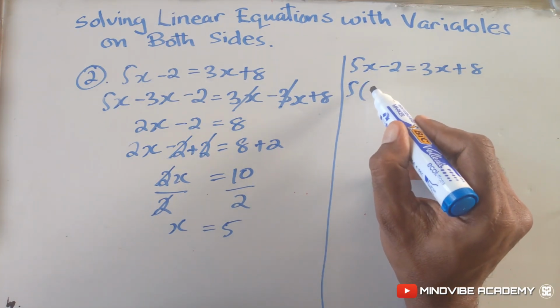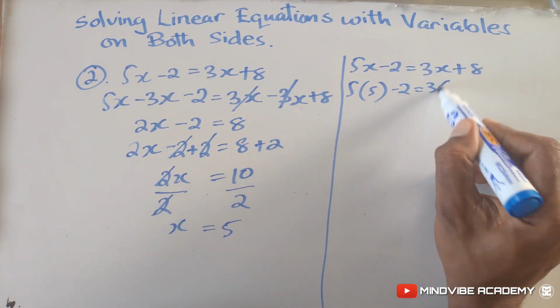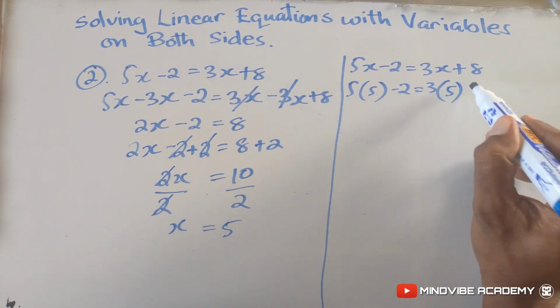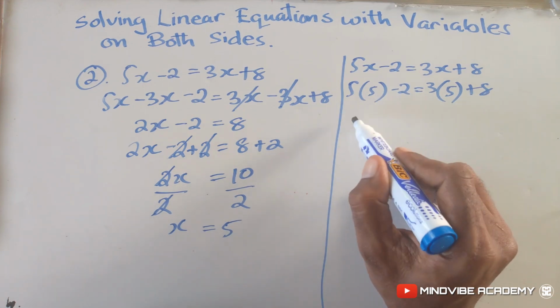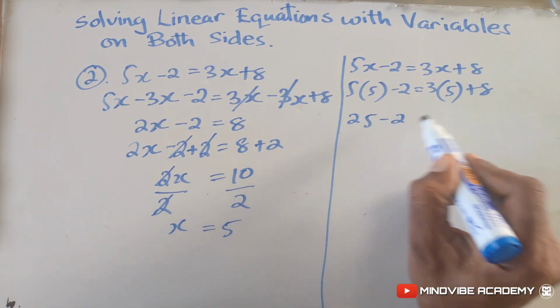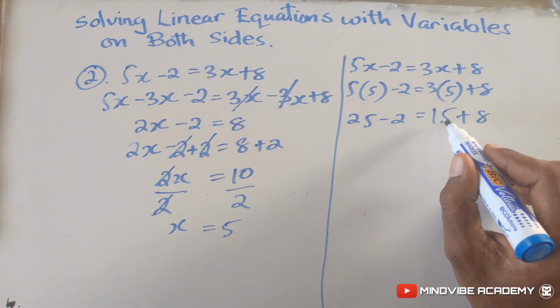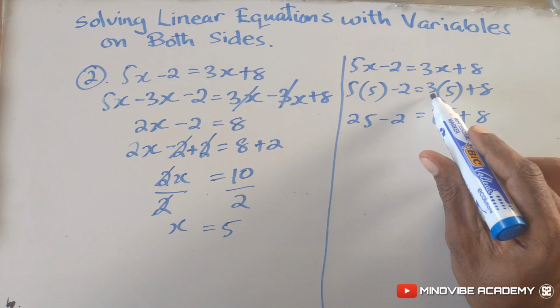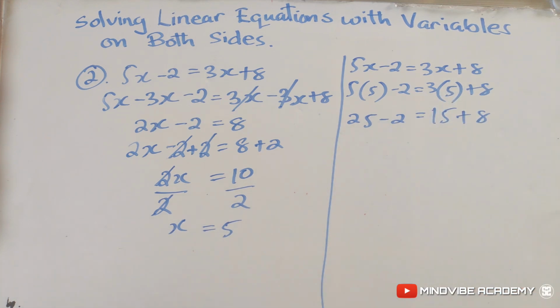This time we have 5 here, minus 2 is equal to 3 times 5 plus 8. So we have 5 multiplied by 5 is 25 minus 2, and we have 3 and 5 is equal to 15 plus 8.